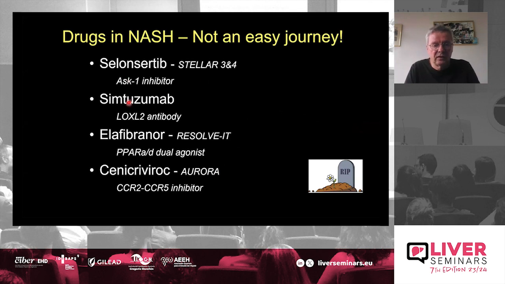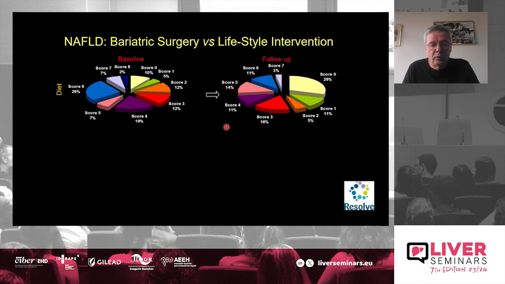Different targets have failed in the clinical studies, amongst which elafibranor, that I worked on quite a bit. It's the RESOLVE trial that I mentioned for development of NIS2. So if you look at what works until, let's say, quite recently, well, bariatric surgery works very well.